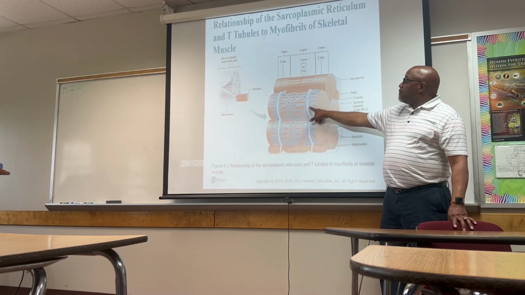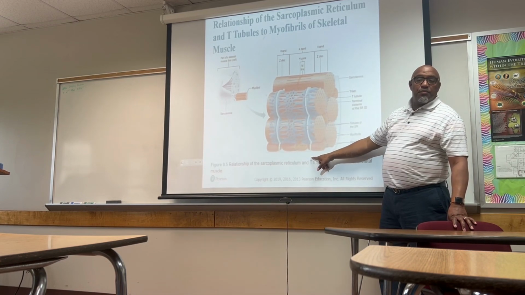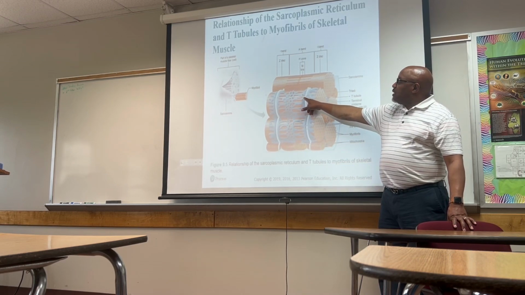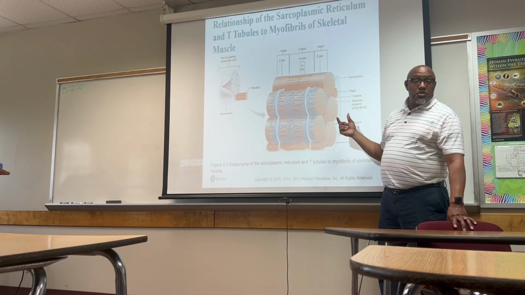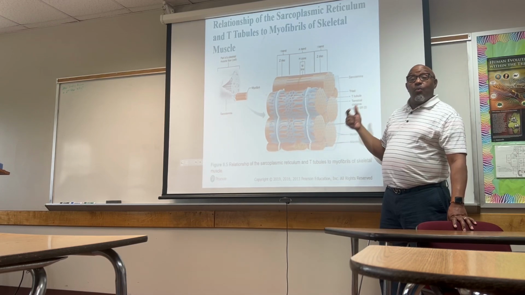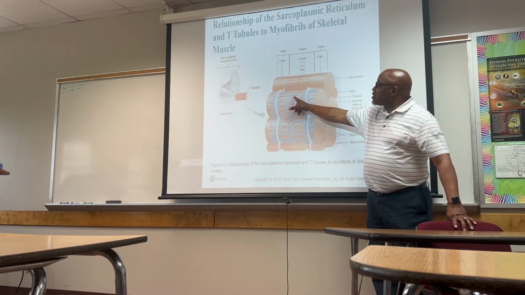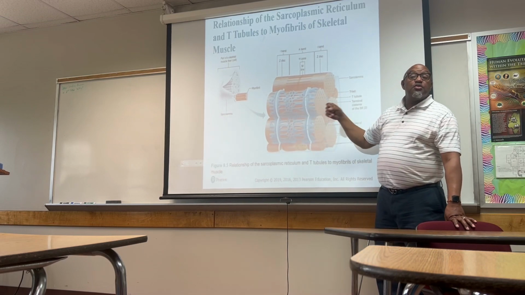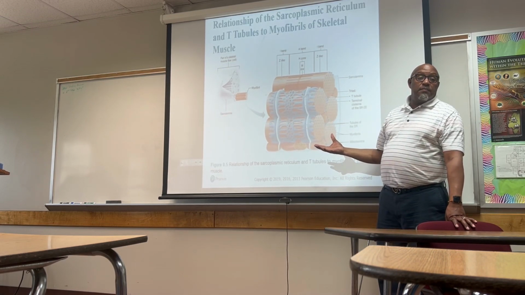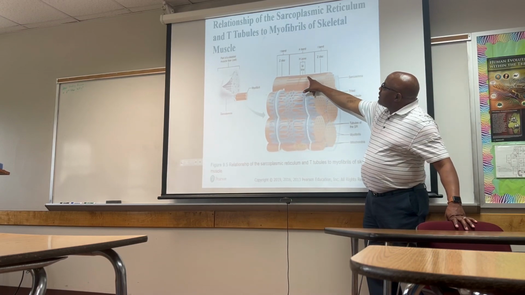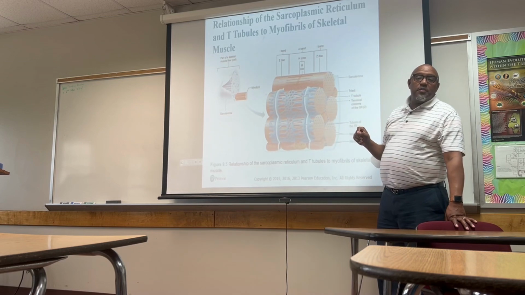It goes up or down, doesn't matter. When it goes up or down the T-tubule, the terminal cisterns, the triads, see that. When they see the signal from the brain in the T-tubule, the terminal cisterns cause the sarcoplasmic reticulum to release calcium. You with me? Now, if you look here, the red and blue, remember the red and blue filaments?